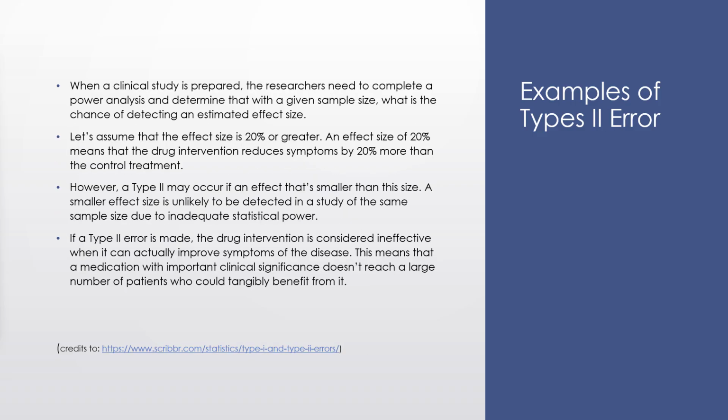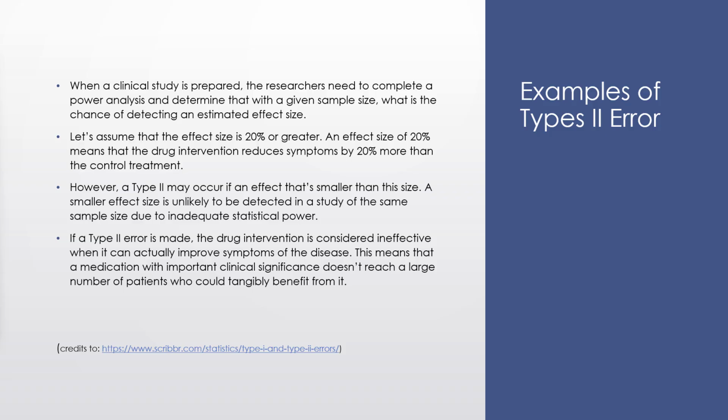Now, let's look at the other side. Suppose the researcher conducted a power analysis before the study to determine the chance of detecting an effect of given size with her sample. She set the expected effect size at 20%, meaning the drug reduces symptoms by 20% more than the control treatment.